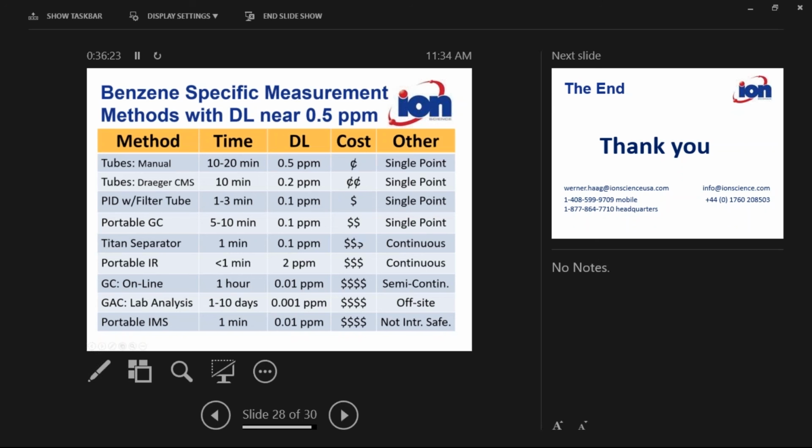So those are some options, and that's where this portable tube filter comes in. Fairly low cost, reasonable detection limits, and it can actually now measure continuously for 15 minutes or more if you don't have a high background.